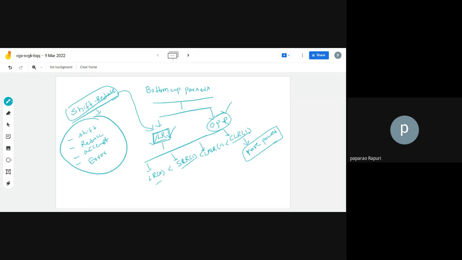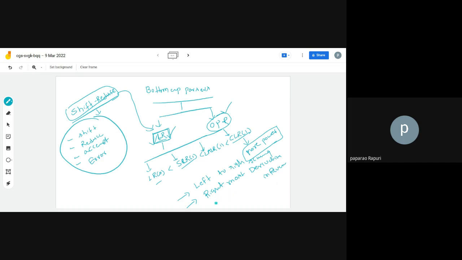So coming to our topic. LR means: L is left to right scanning, and R is rightmost derivation in reverse.